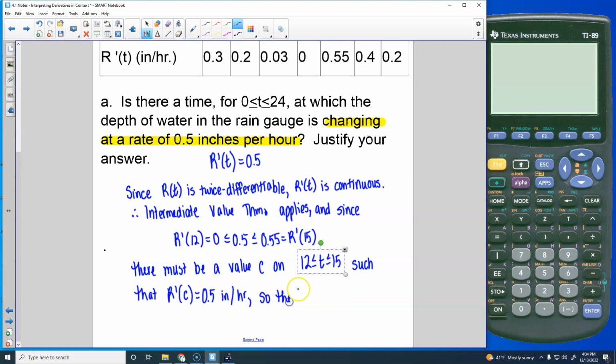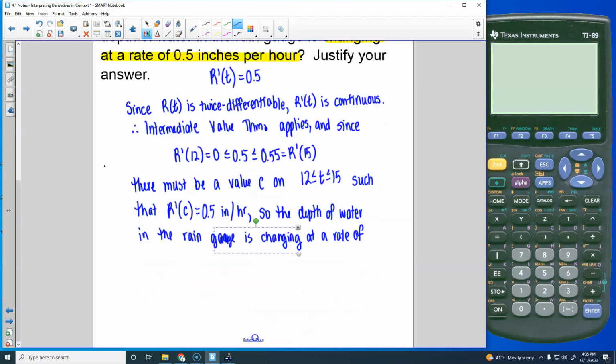So the depth of water in the rain gauge is changing at a rate of 0.5 inches per hour for some time on 0 ≤ t ≤ 24 hours.